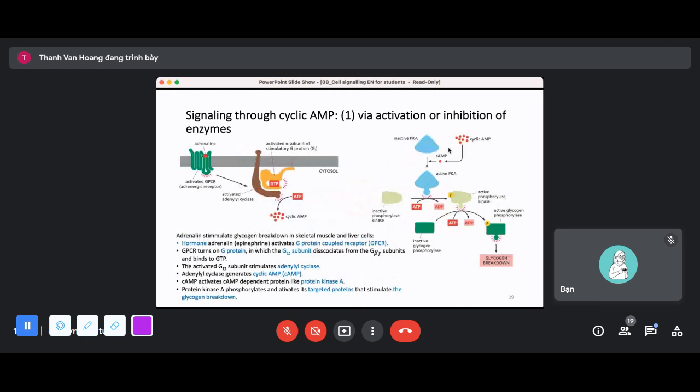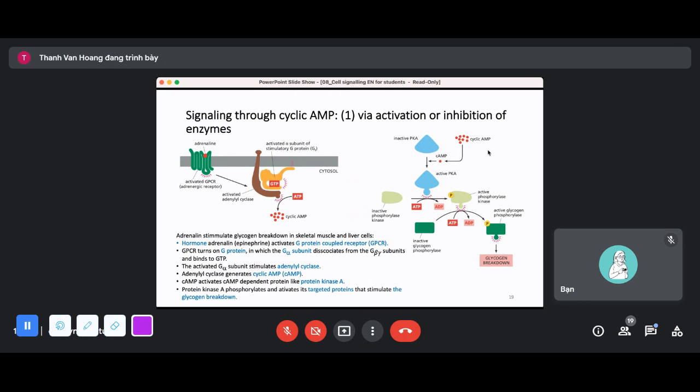The second part is that cyclic AMP has two main mechanisms to affect its target protein and also induce a cellular response.